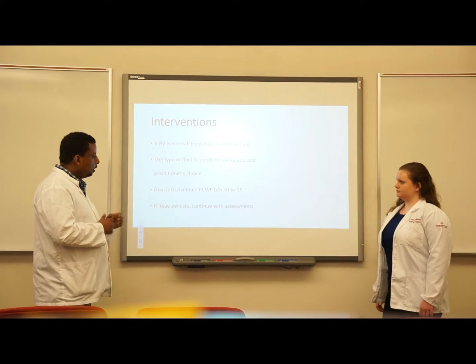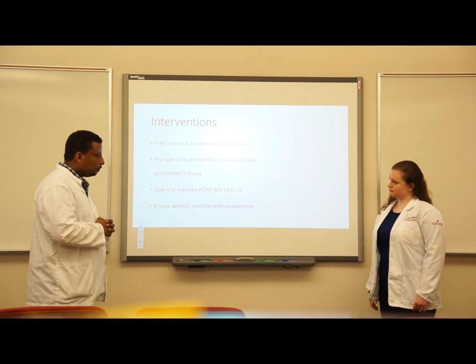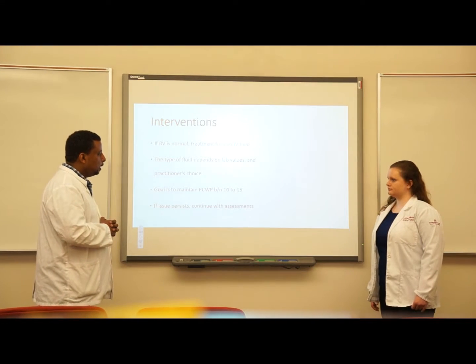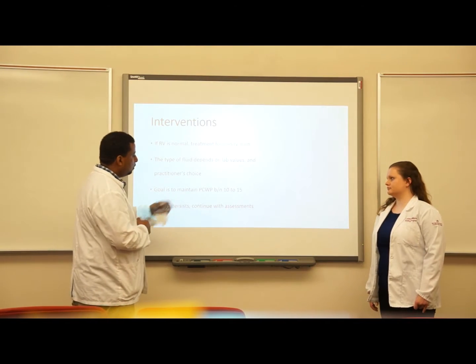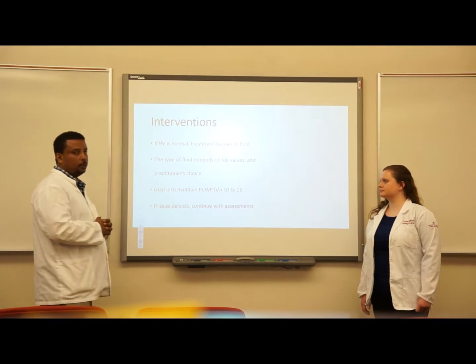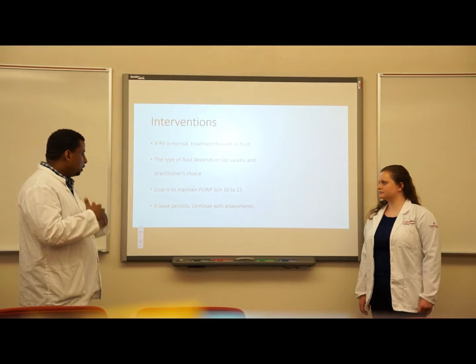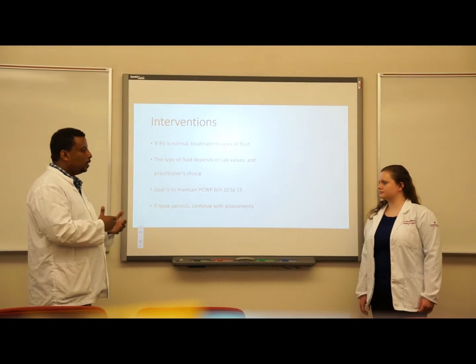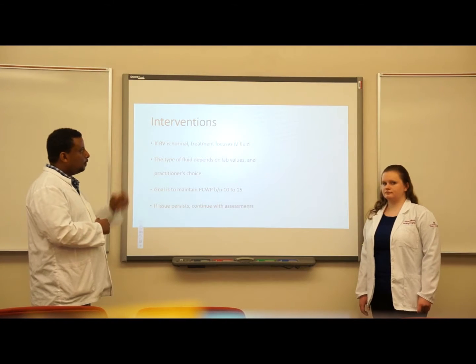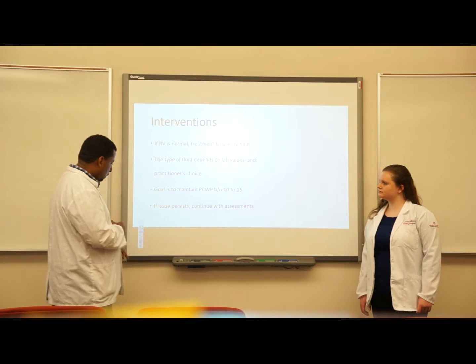So our goal, assuming we have this invasive measurement on the patient, is to maintain the pulmonary capillary wedge pressure between 10 to 15 millimeters of mercury. If the issue persists, and we replenish the fluid and still have low flow, we will have to continue our assessment.